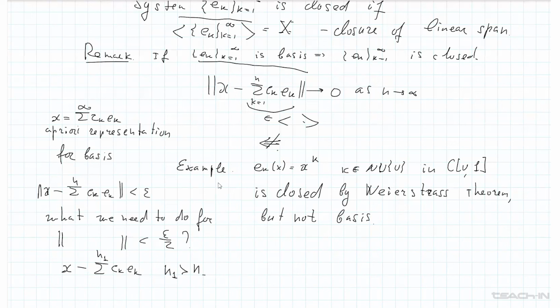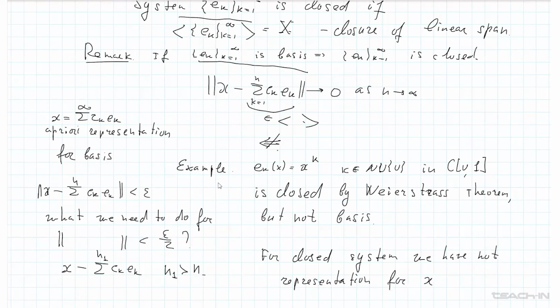But for a closed system, we have no such series. For closed systems, we have no representation of x as a sum. Is it clear?